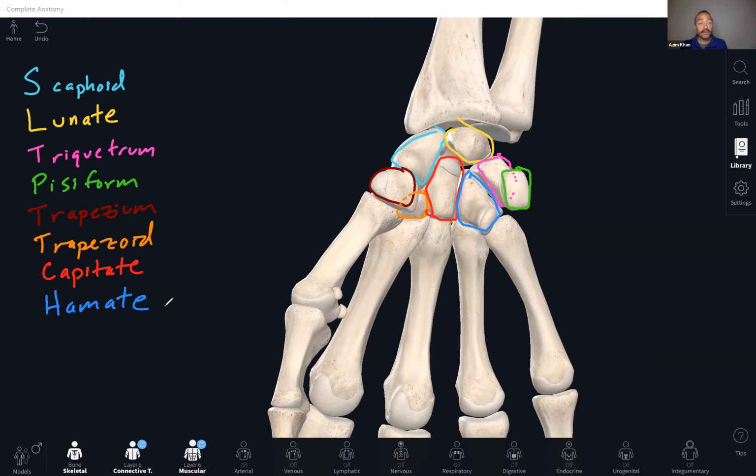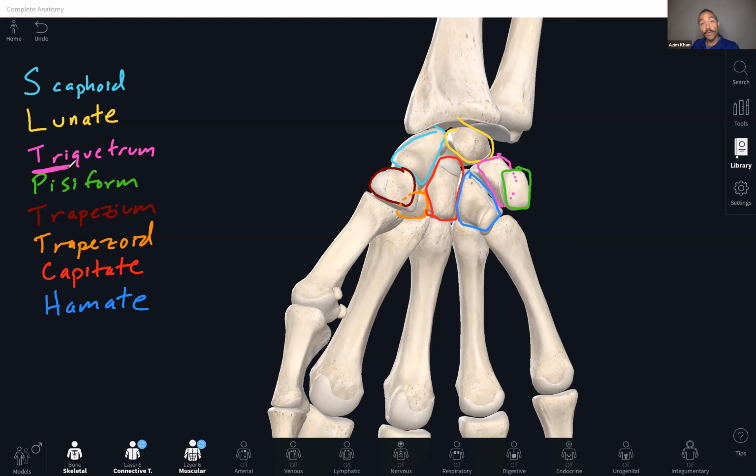All right, so here are some ways to remember all these different carpal bones. There's 3 T's here, so that can be confusing. The triquetrum, in the way that we're numbering them, the way that we're ordering them, which is completely arbitrary, is the third one.